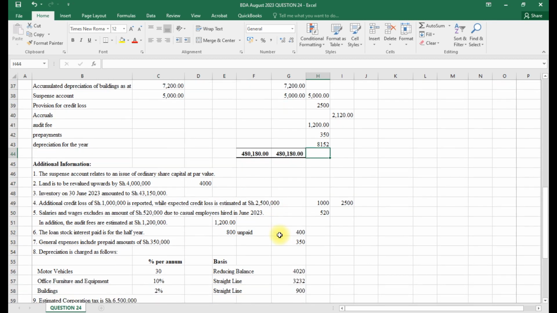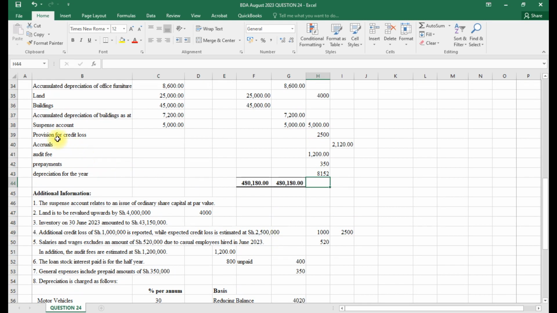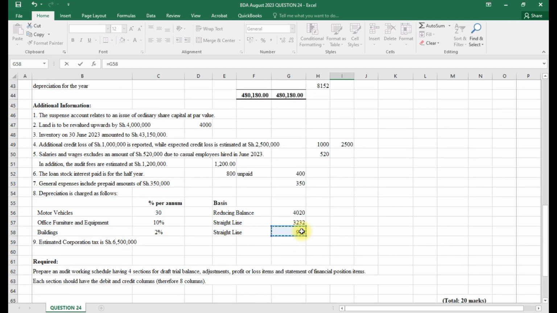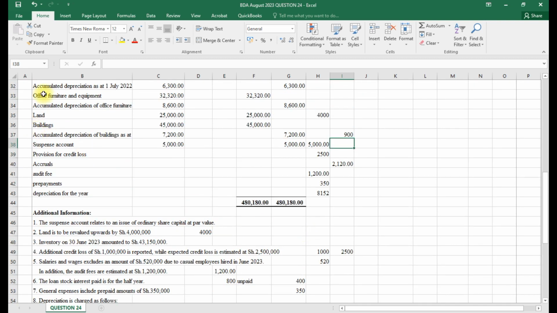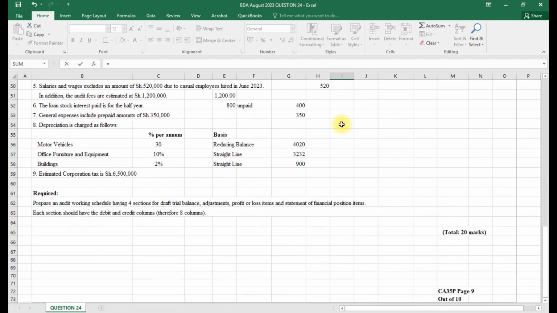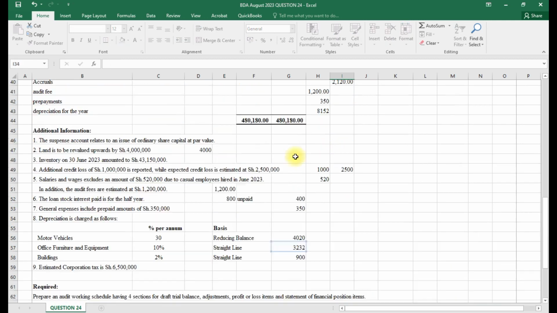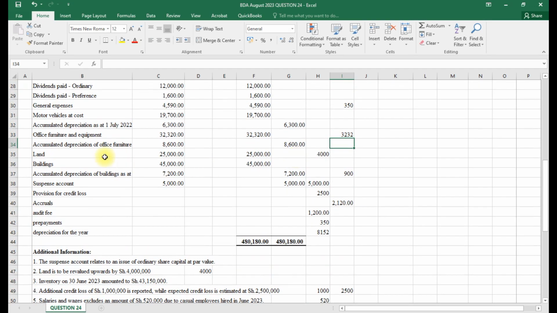I'll start with the building. Building was 900. Building was somewhere here. Accumulated depreciation of building, so I'll credit here with this value of 900. I will credit for office furniture and equipment, the accumulated depreciation of 32, and the other one is accumulated depreciation on motor vehicle.